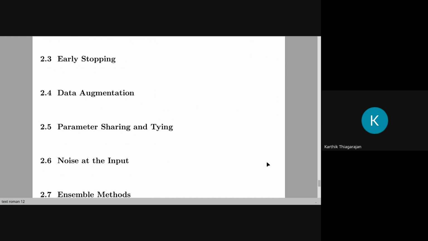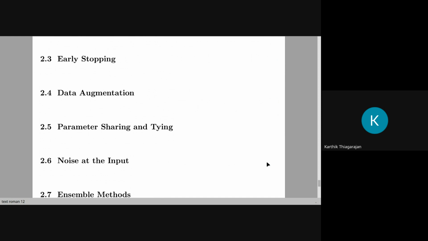Data augmentation is just adding more data points by subtly modifying them. This is very useful in the case of image data. You can rotate your image, you can scale your image, you can stretch your image by some amount, all that you can do. That will increase the number of data points. And neural networks are very data hungry, so the more data points you give them, the better it is.